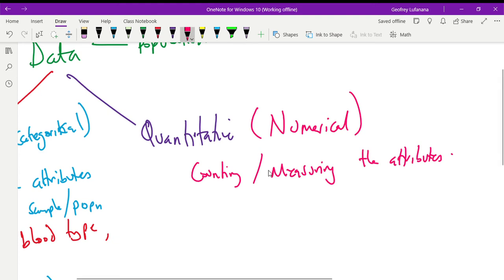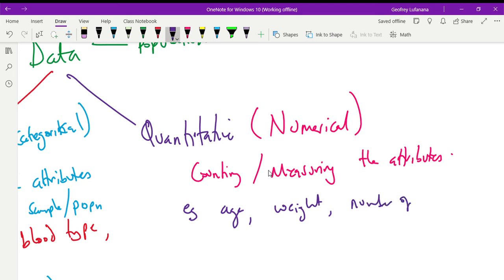So examples of quantitative data include age, weight, number of people, shoe sizes. Anything that you are going to count or measure about the population is called quantitative data, or basically numerical data.